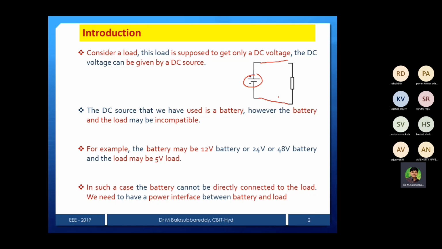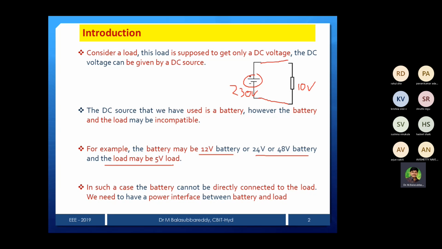We can see that the load voltage may be 10 volts that we require, and the battery voltage may be 230 or 210 or 50 volts, something entirely different. That's the reason the source and load cannot be connected directly. As an example, the battery may be 12 volts, 24 volts or 48 volts, but the load may be 5 volts. Then direct connection is not possible.